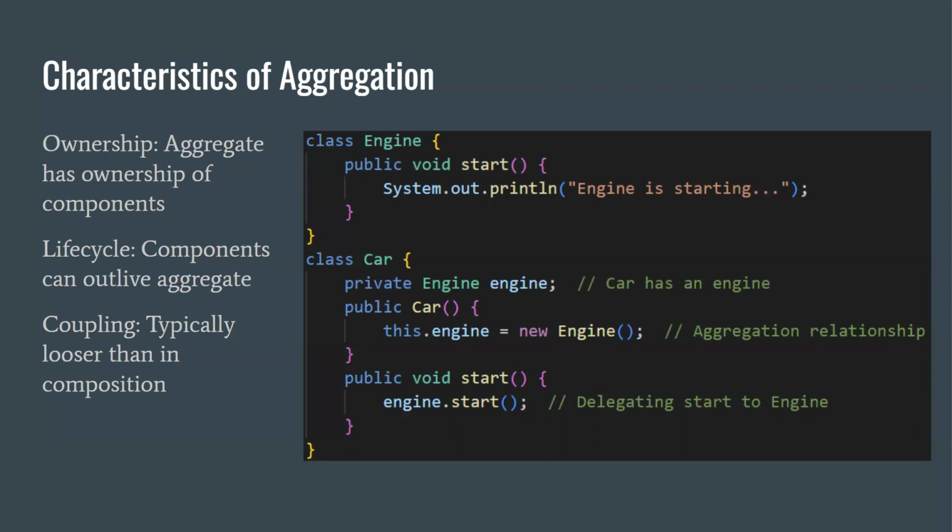And then we can have a car start method in Car as well. So we can see that there is this aggregation relationship, and we're delegating start to engine.